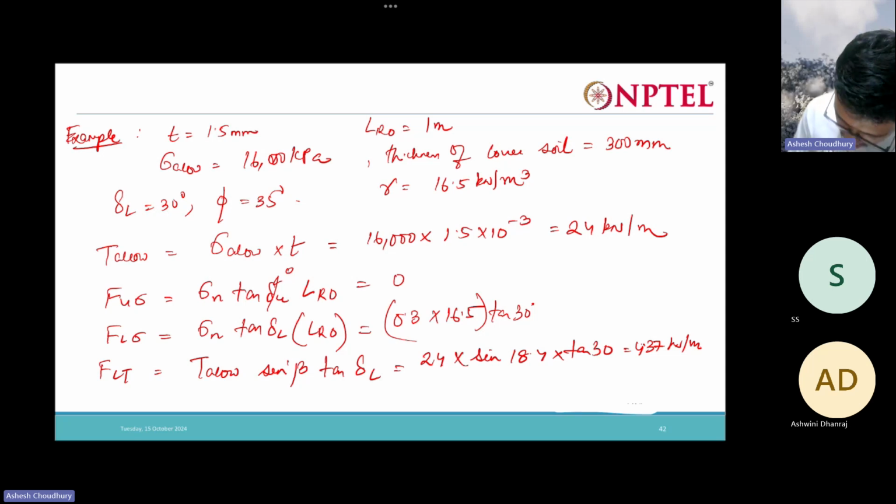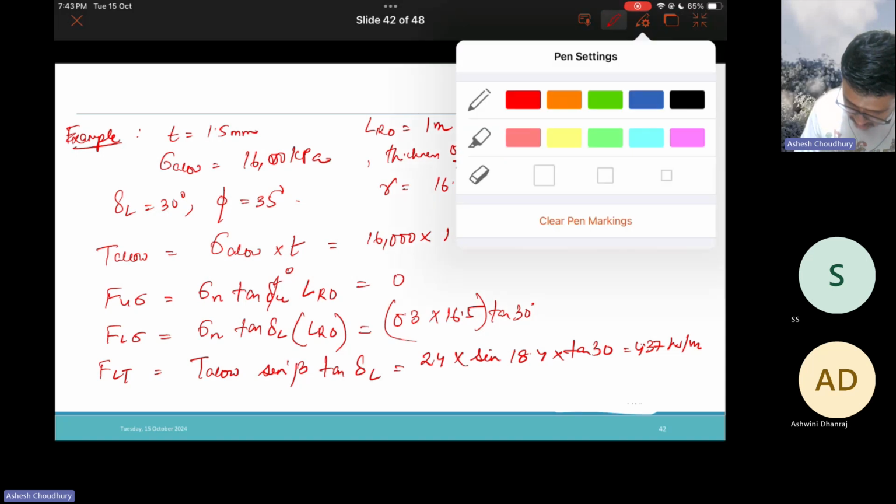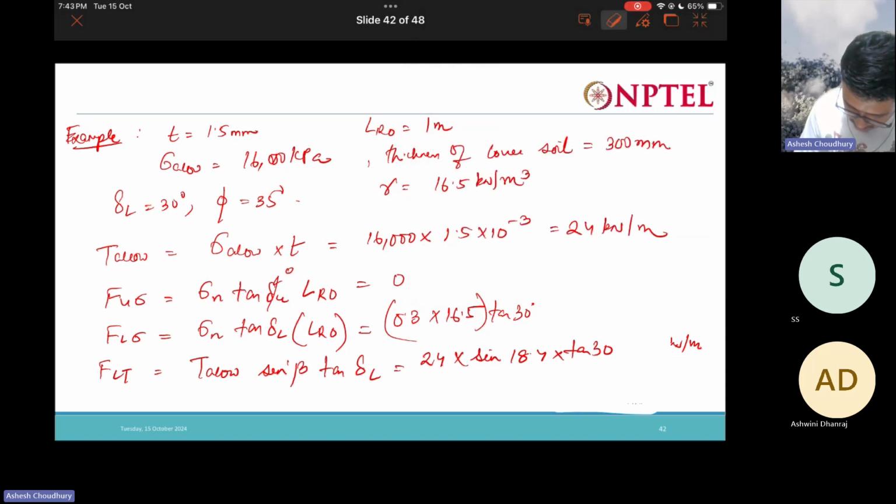Check this value, how much it is coming.